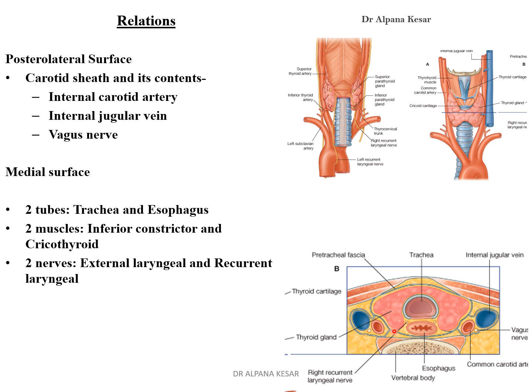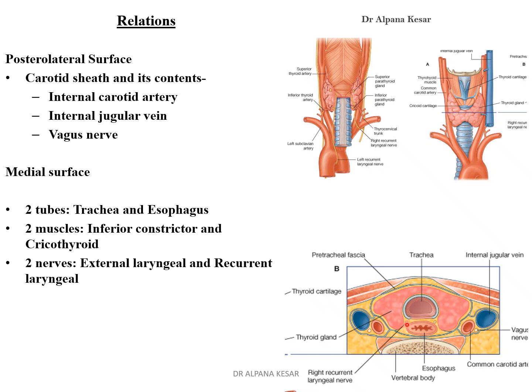This is the posterolateral surface of the thyroid gland, which is related to the carotid sheath. Within the carotid sheath is present the internal carotid artery, the internal jugular vein, and vagus nerve. All these structures form the posterolateral relation of the thyroid gland.